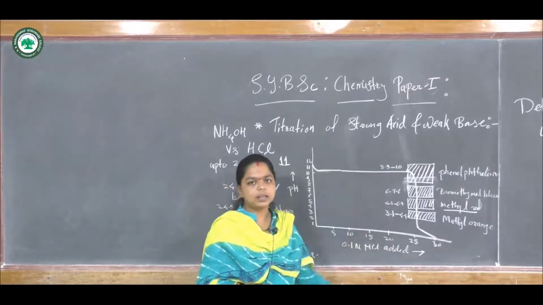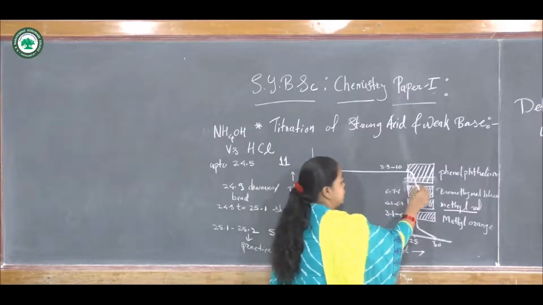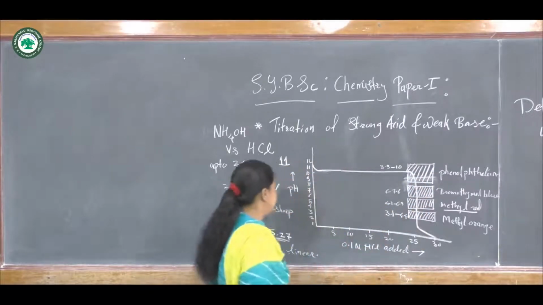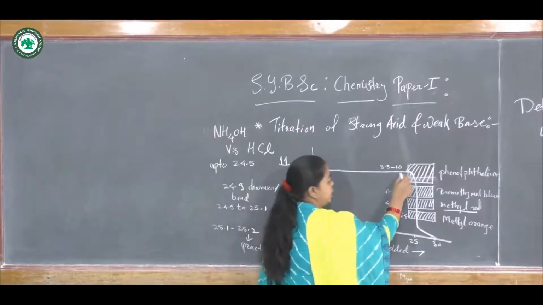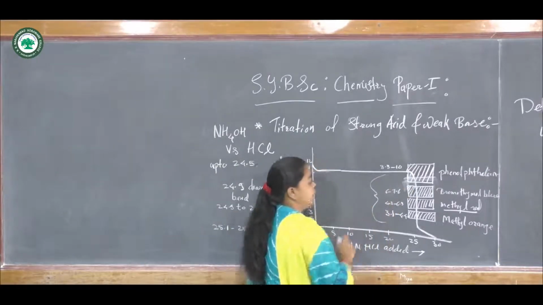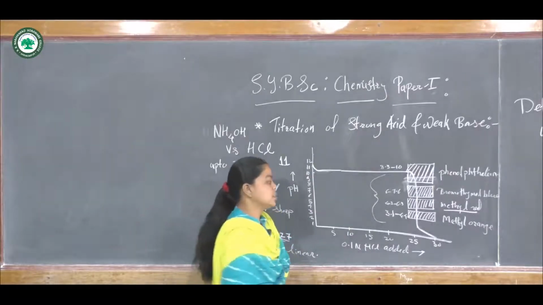So the pH is linear, and then a sharp abrupt change is observed from nearly 24.9 to 25.1. This is the area of the end point for this titration.